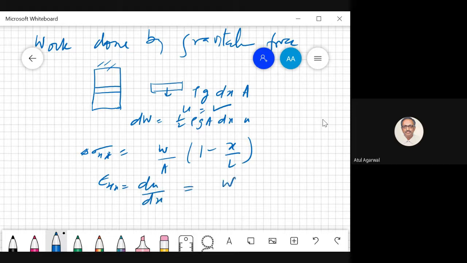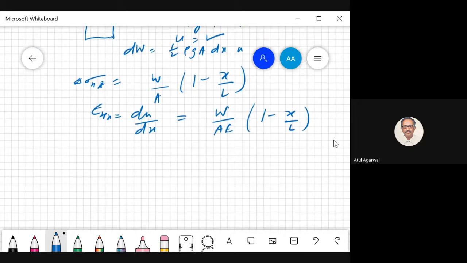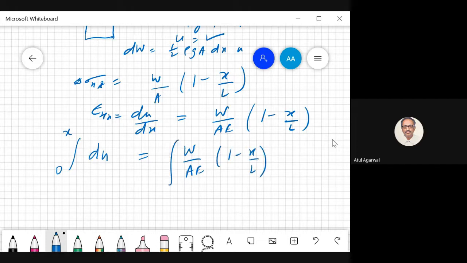So that becomes W by AE (1 minus x by L). So what if you integrate it? You have to integrate from 0 to x position. So you get a displacement at position x.